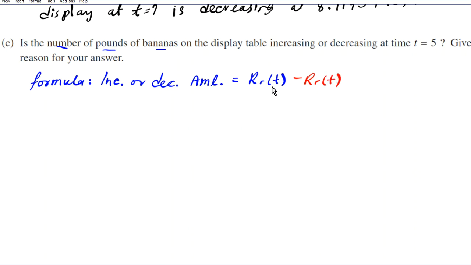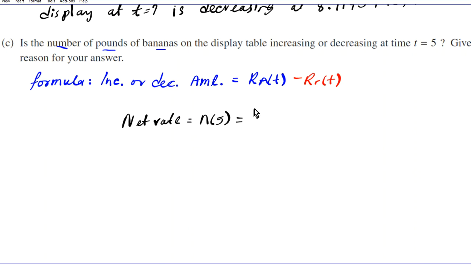Okay, so this is supposed to be A, rate of addition minus rate of removal. Okay, we're looking for the increasing or decreasing amount or the net rate at t equals 5. Okay, so let's go ahead and write that down. So I'm just going to call it net rate or n of t. Net rate is going to be, we're going to call that n of 5.